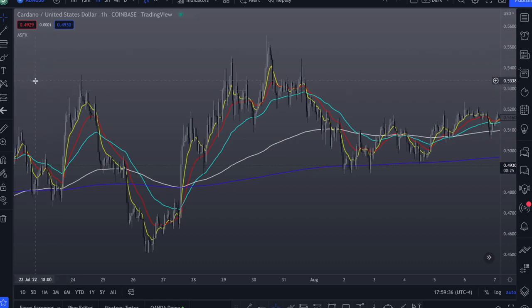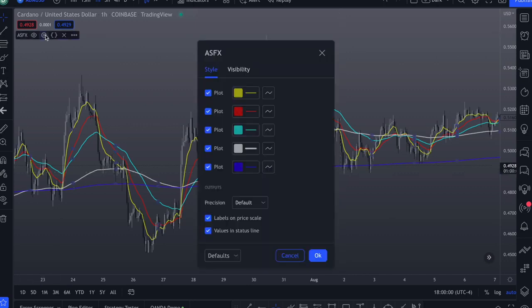But let's take a look at the EMAs that we have on the screen right now. So we've got the 8 EMA in yellow, we've got the 21 in red, the 50 EMA in this light blue color, the 200 EMA, I believe, in the white, and then we have this 800 EMA in the royal blue.